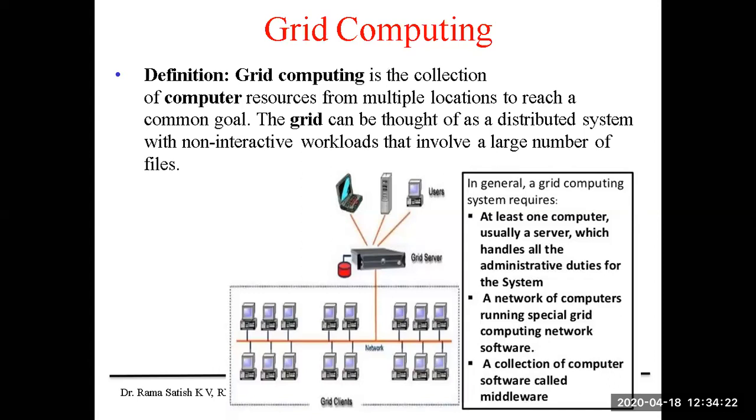You need special network software in order to work with grid computing. A collection of computer software called middleware is present across all the computers. That is a very important thing that we have to consider, and that is what we call grid computing.